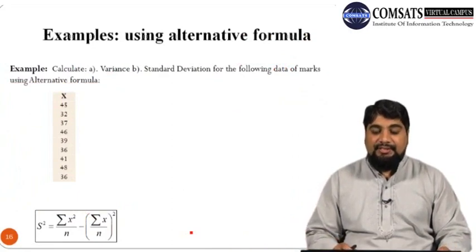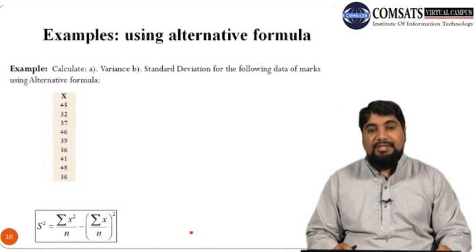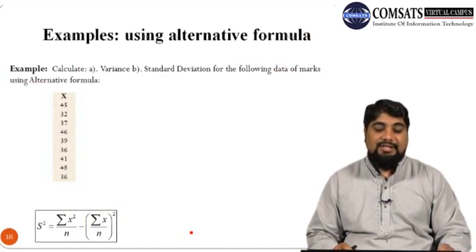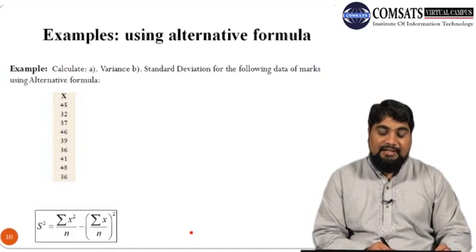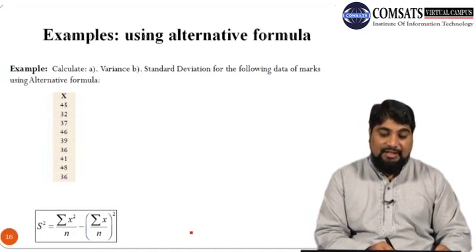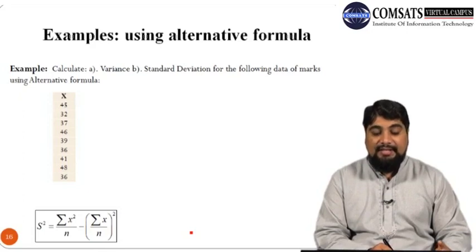So next we discuss how we can use the alternative formula for calculating variance and standard deviation for grouped data as well as for the ungrouped data. So here is the data of marks obtained by 9 students in an examination. I have labeled the marks as X. The first student got 45 marks, second 32, and so on.